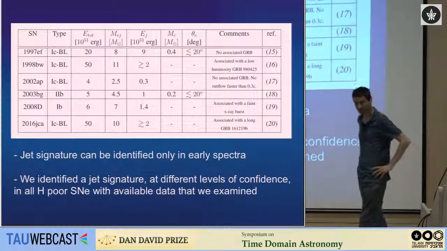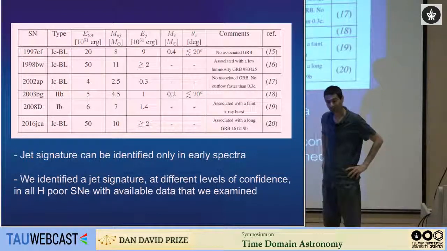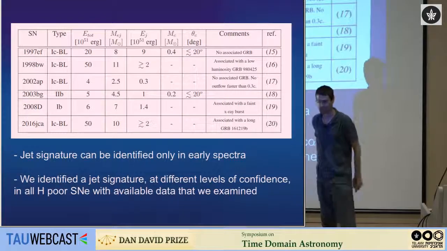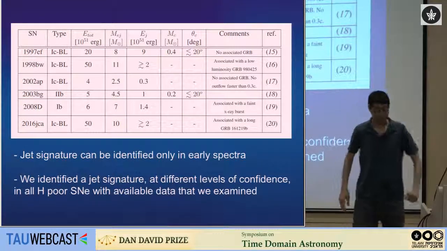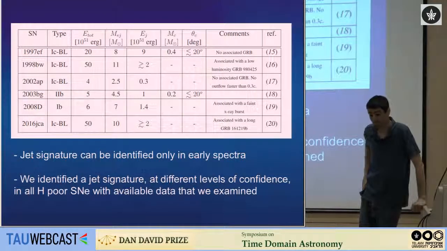If you say short GRBs, you can see them only within 200 megaparsecs, the neutron star mergers we can see within 200 megaparsecs. How often are we supposed to see it? We don't know because we don't know what the true rate is.